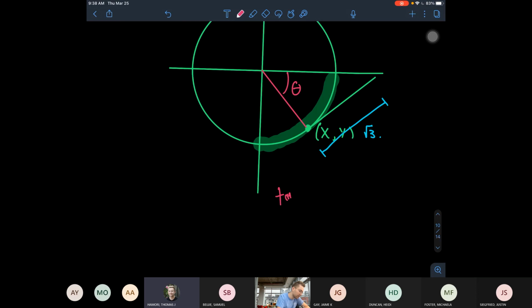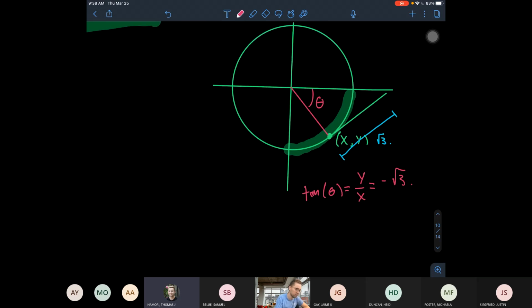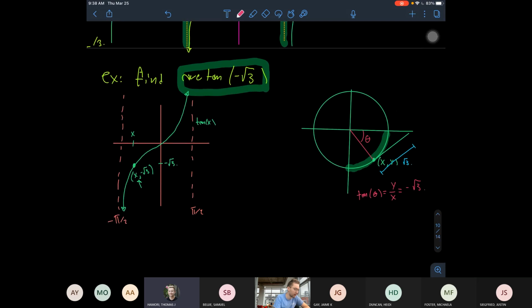And we know that tangent of theta equals y over x equals negative square root of 3. And our goal is to find out what that angle theta is.